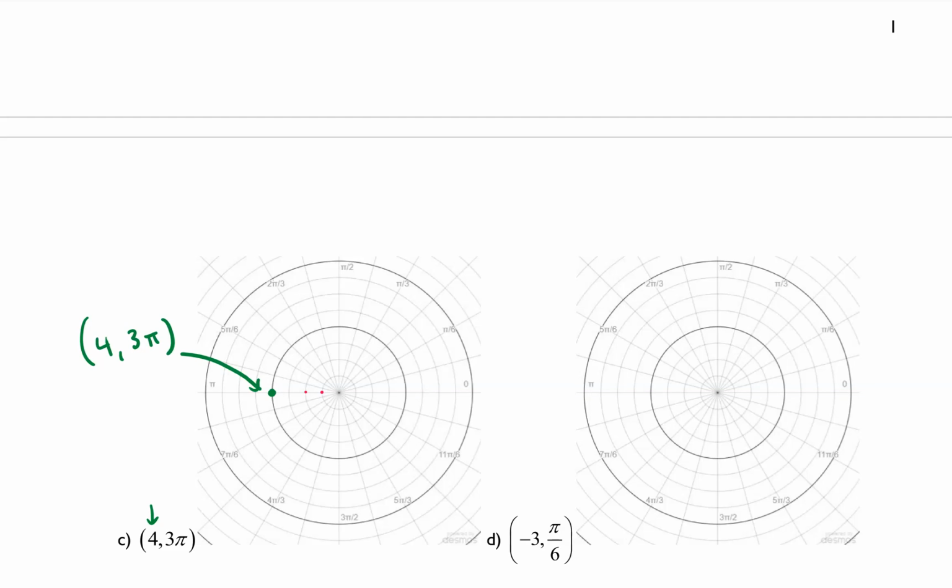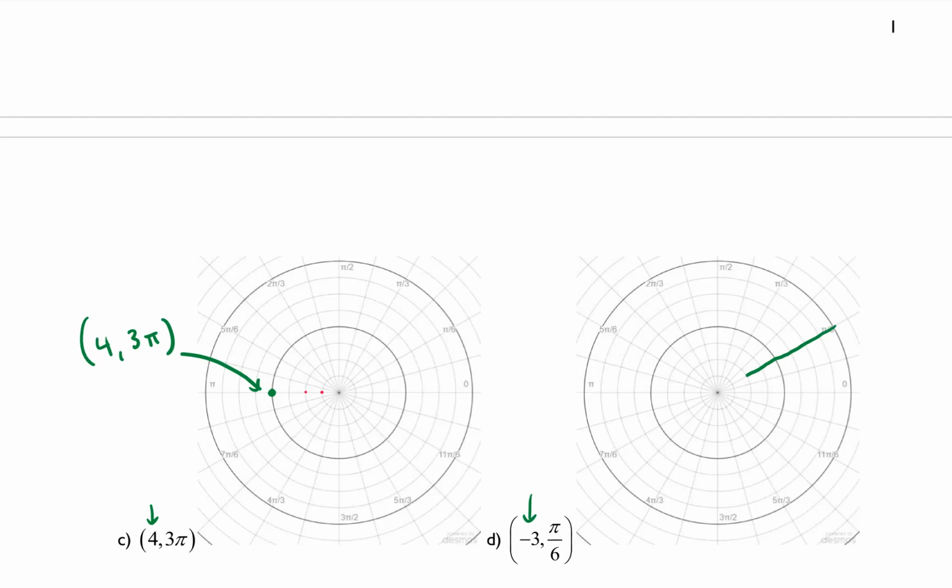All right, part D wants us to graph negative 3 comma pi over 6. So if I'm starting here, pi over 6 is this angle here, and notice our R value is negative 3. So if it was positive 3, normally we'd go 1, 2, and then our final point would be there, 3. But because it's negative, we need to go in the opposite direction. So here's pi over 6, and if I extend that line, I want to make sure I'm going on the right one.